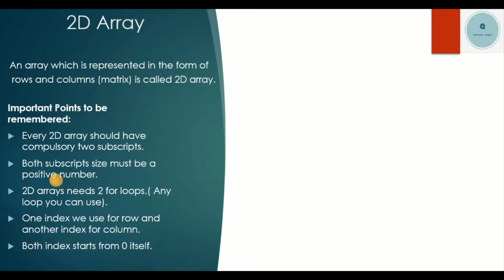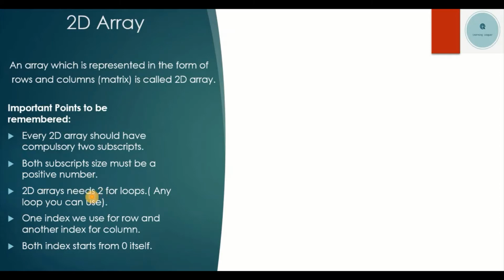If it was a one-dimensional array, we had only one subscript. If it is a two-dimensional array, we should have two subscripts. And whatever subscript size we mention should be a positive number. This point is similar to the one-dimensional array. When you are working with a one-dimensional array, we used only one for loop. But for two-dimensional arrays, we use two for loops.